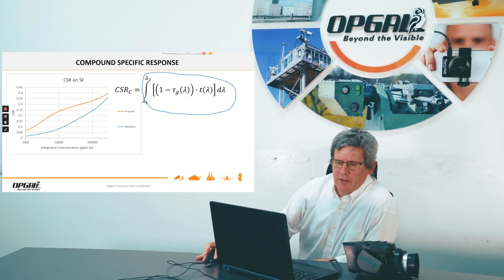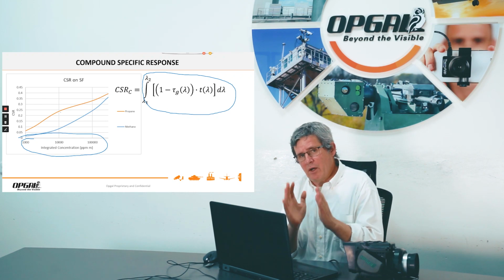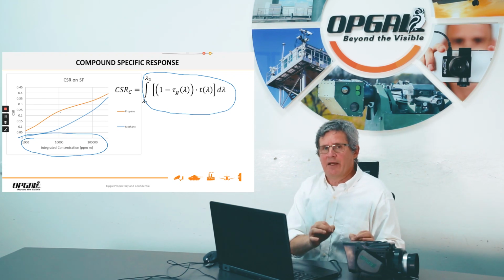It's very not linear. If you can see over here, the x-axis is actually logarithmic. And still we can see that both of them are not linear, but they are not linear in a different way. And it's all about how the compound absorption coefficient is situated inside that filter.